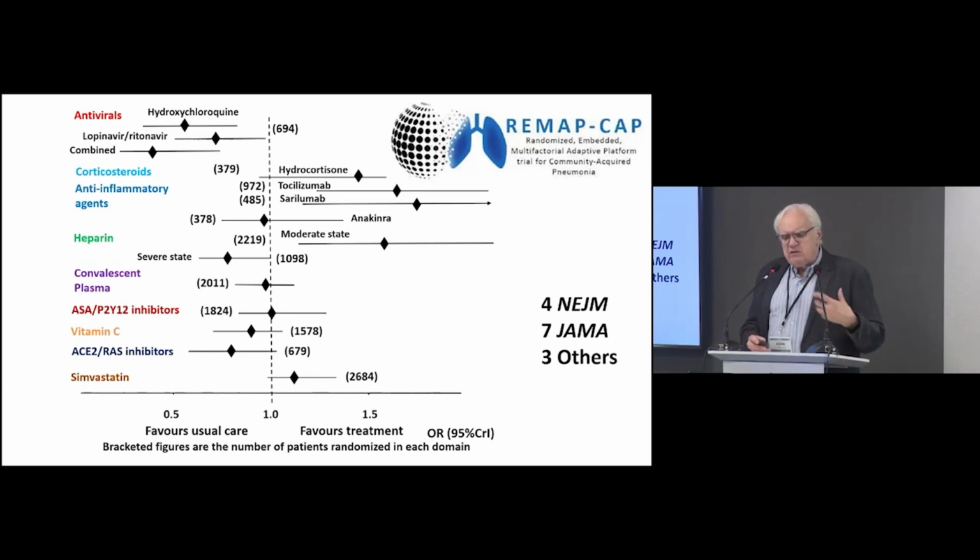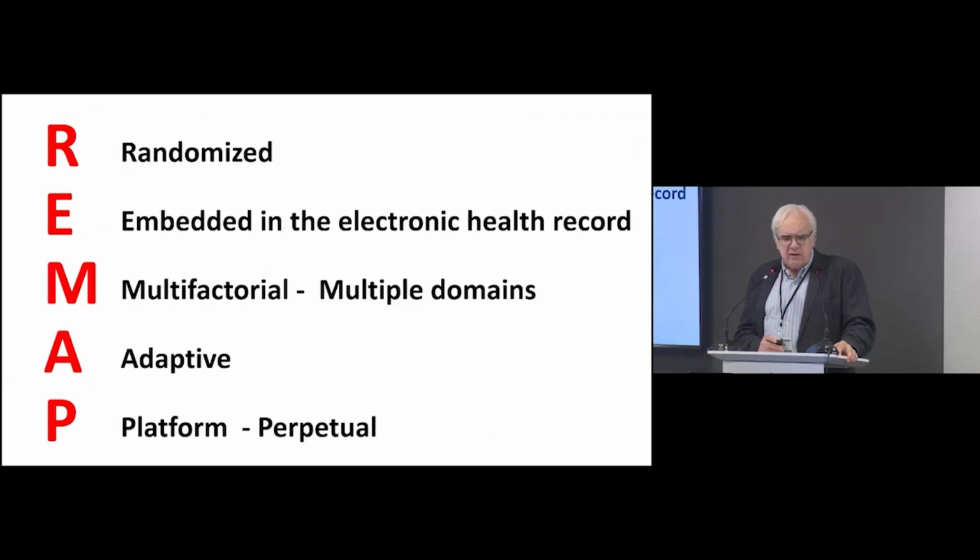And so these have all been reported. We have 14 publications so far and are continuing to put out data on some of the other interventions, which include, for example, ivermectin. We've studied corticosteroids in community-acquired pneumonia, et cetera.